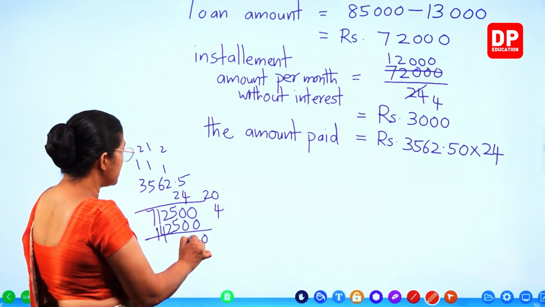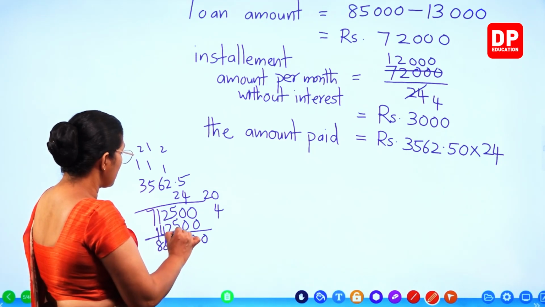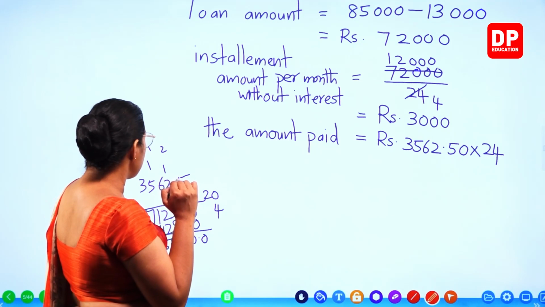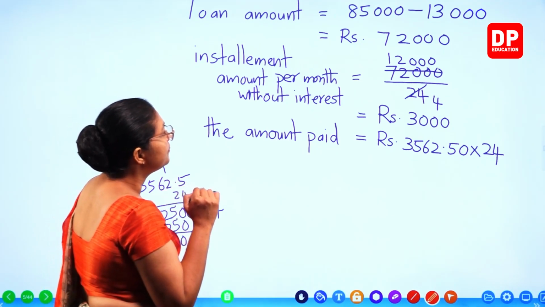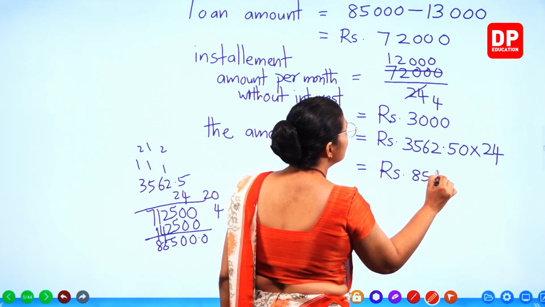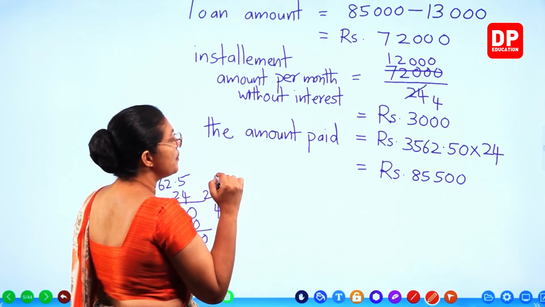When you add it, you get one decimal place, 85,500. So 85,500 rupees already paid.